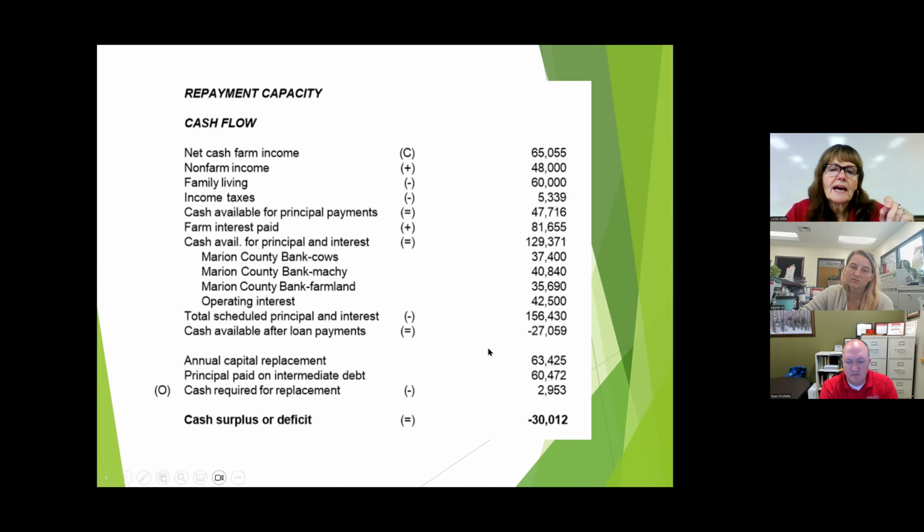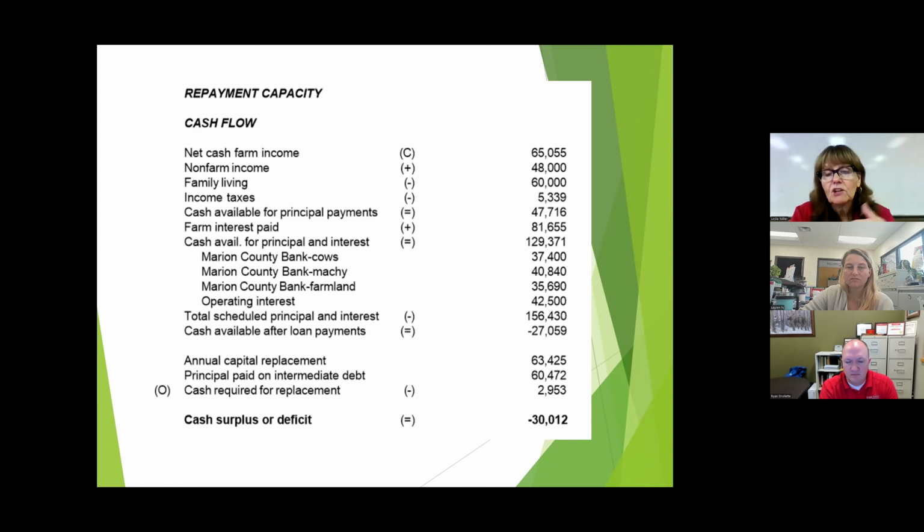So I look at that and I say, okay, do we need to extend payments? Do we maybe just pay the interest on the cow and machinery loan and we push all the principal payments back a year? Basically, you're adding a year to the note. But is that something we can do that helps that operation this year? And it probably is.